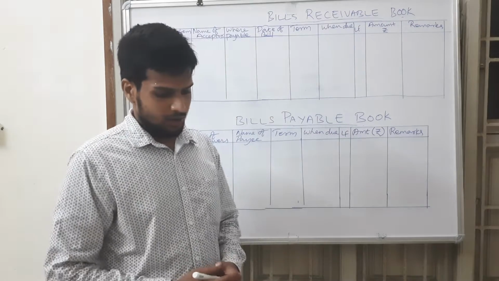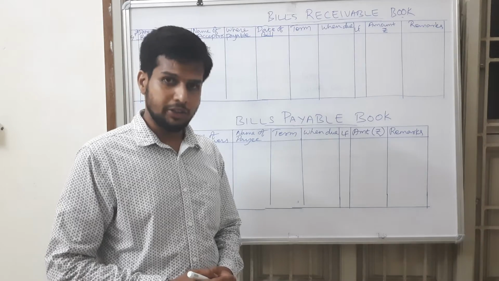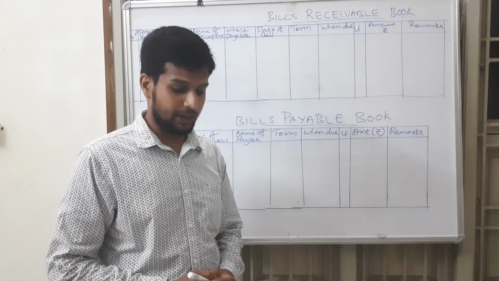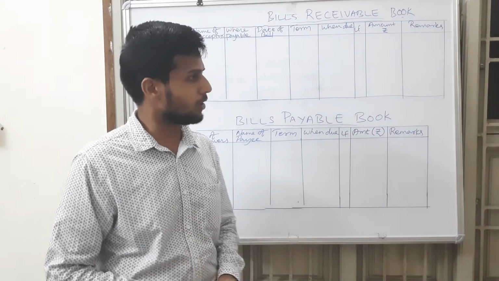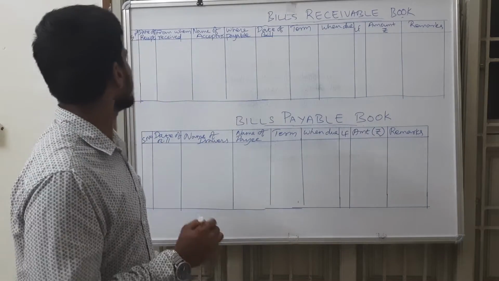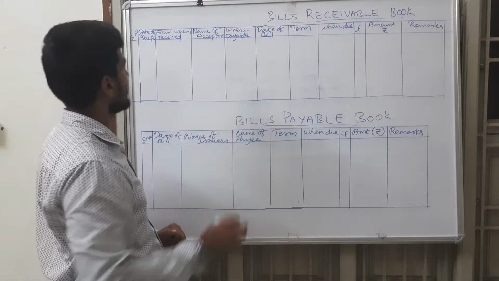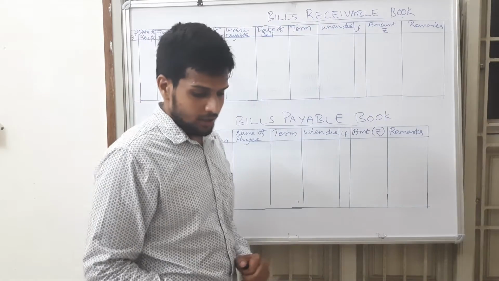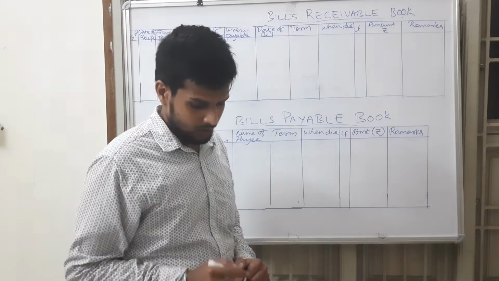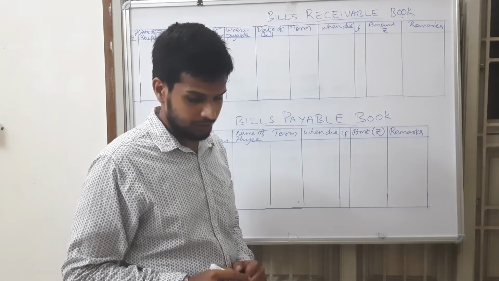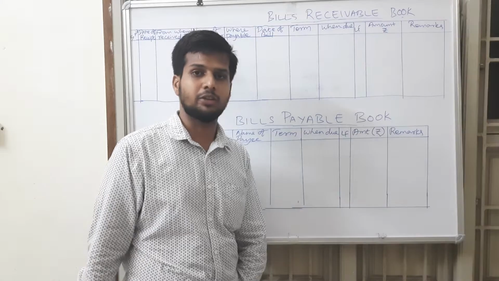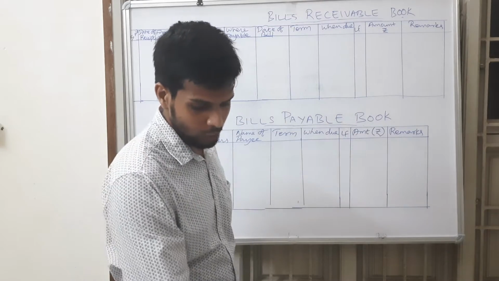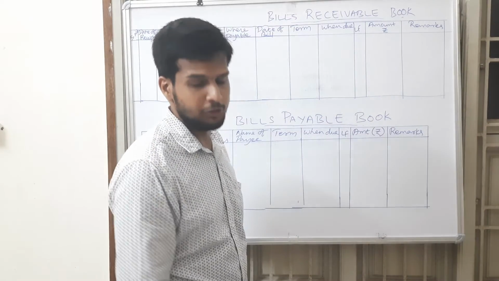Here first we have the year 1999, March 1. On 1999 March 1, the transaction is: received a bill from Velu at 3 months for rupees 1000.